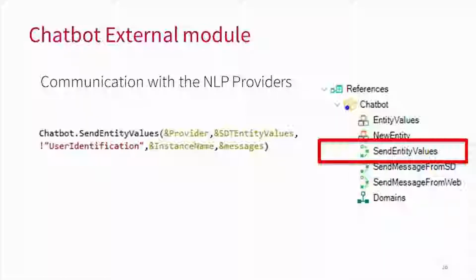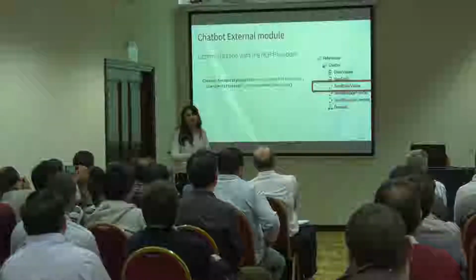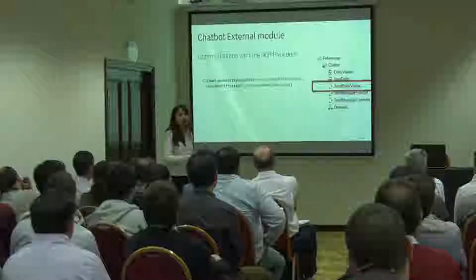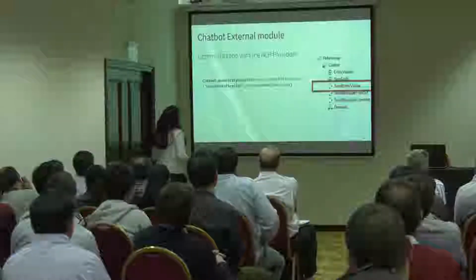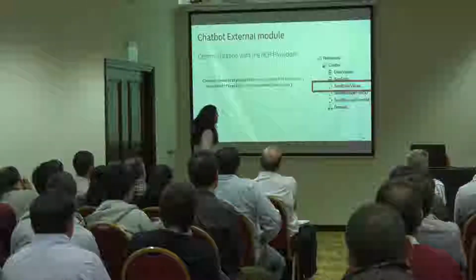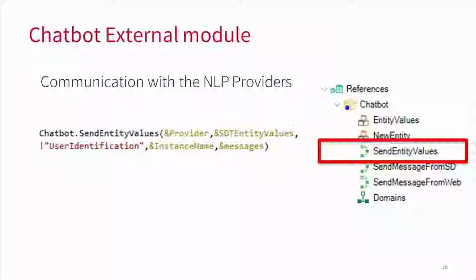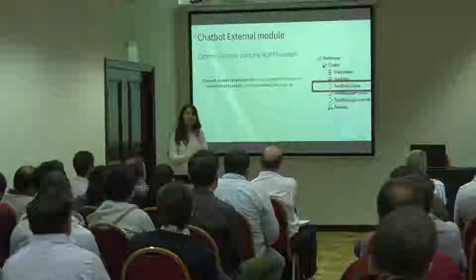Another one of the components that is incorporated in your KB is an external module that contains everything that is related to interaction with objects, the logic that allows you to talk with a chatbot, but there are some interesting methods, and I want to tell you about this. Send entity values. This method is interesting if in the provider you want to update the entities.